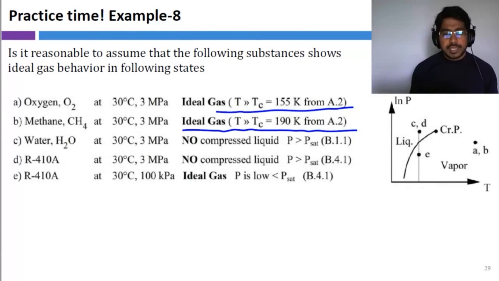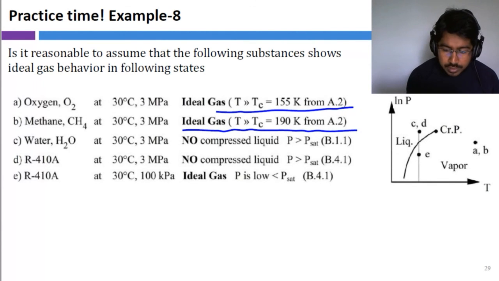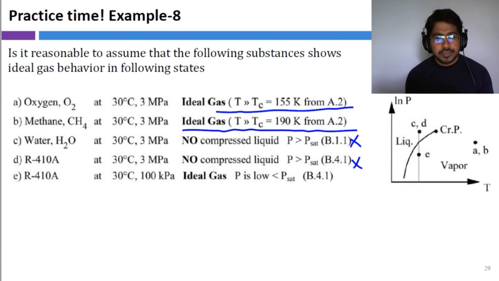You know how to determine the phase of a substance; we did that in the previous examples, and use the same process. If you have a compressed liquid, it's a joke to use the ideal gas equation, right? It's a liquid, and we try to apply an equation which was developed for gas. So we cannot do that. Therefore, these cannot be represented with the ideal gas equation.